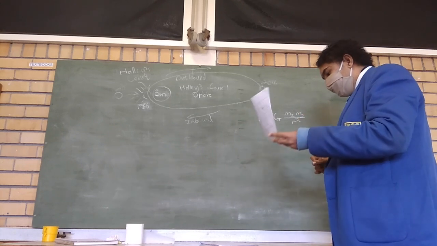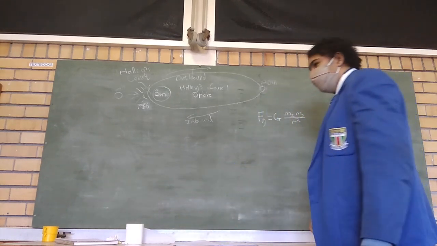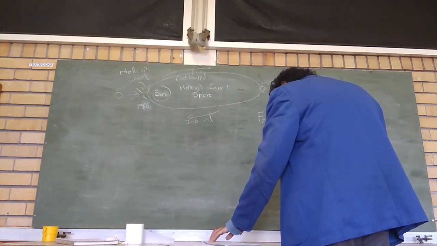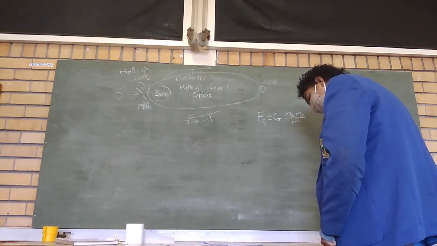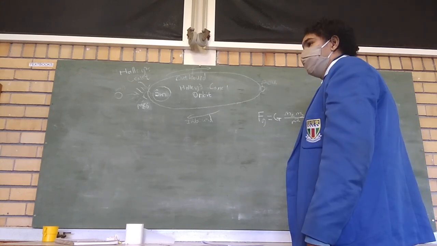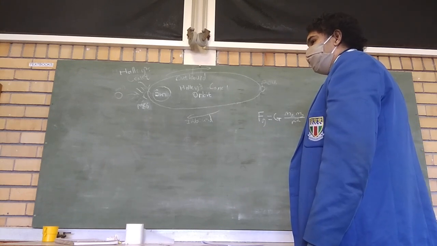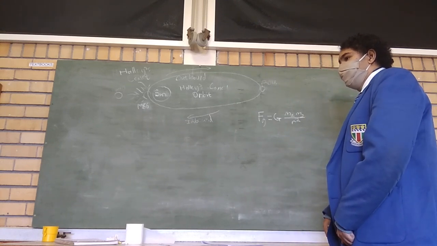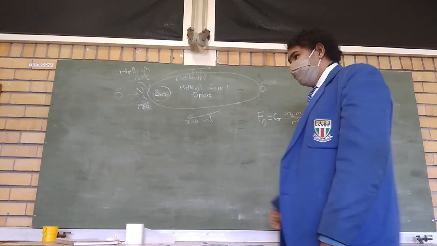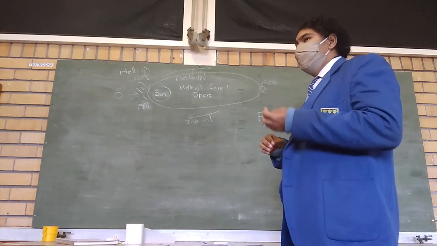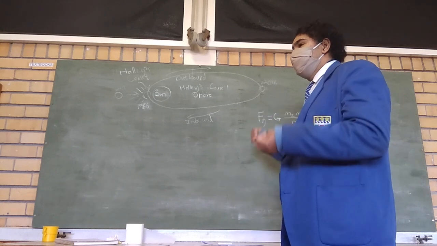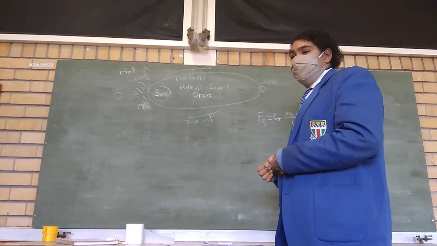So I would say all that. And then what other of Newton's laws do you have to quote here? What's the law that links force and acceleration? Newton 2. The greater the force, the greater the acceleration.